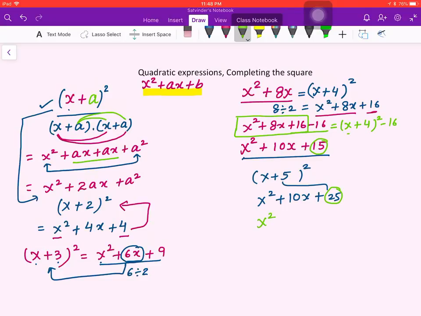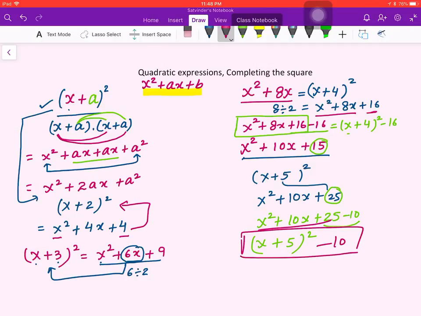So I will write it again: x squared plus 10x plus, and I want to write 15 instead of 25. So can I write 25 minus 10, because that's what gives me 15? So (x + 5) squared from these three terms, and minus 10. So that's the perfect square form of x squared plus 10x plus 15.